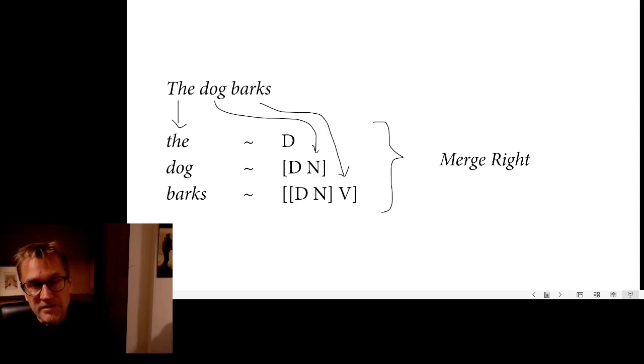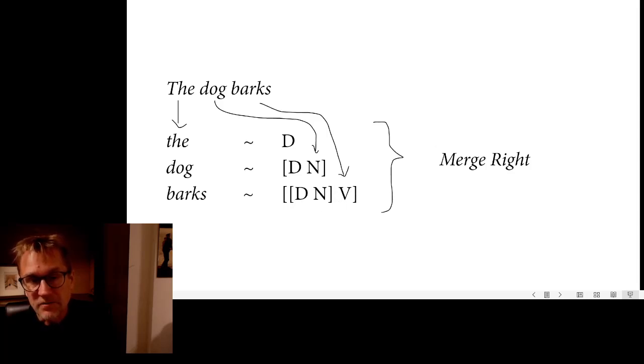But one of the things that we didn't focus on here, that you might have already noticed, is that when we are merging this last item, we are merging it to the right edge, to the right of the noun phrase, as I'm showing here.